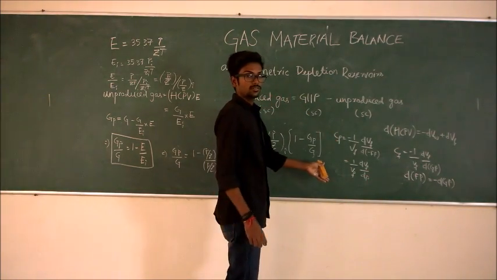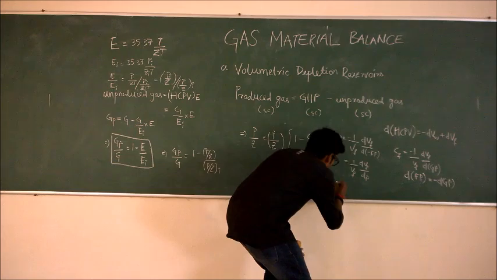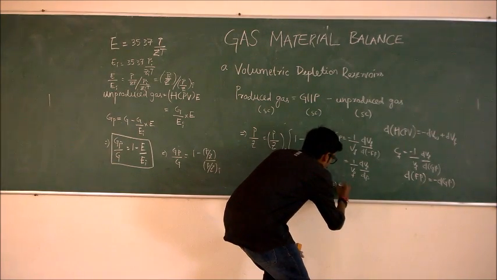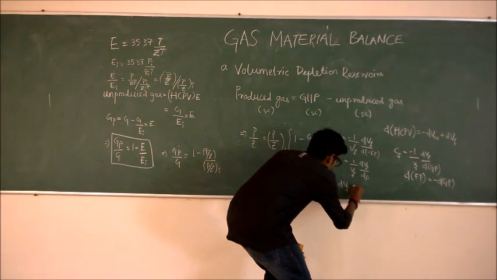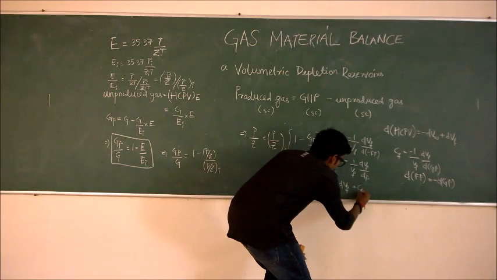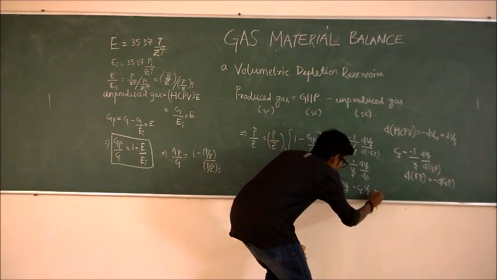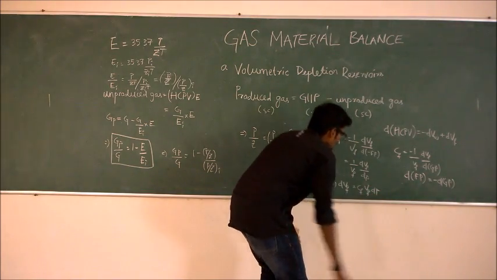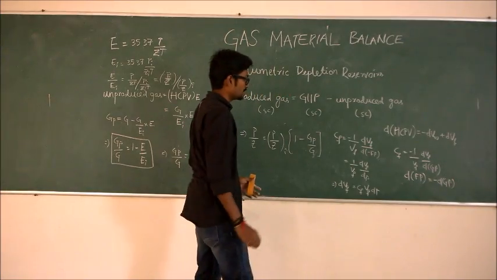Here P is the fluid pressure. So dBf comes out to be Cf Bf dP.